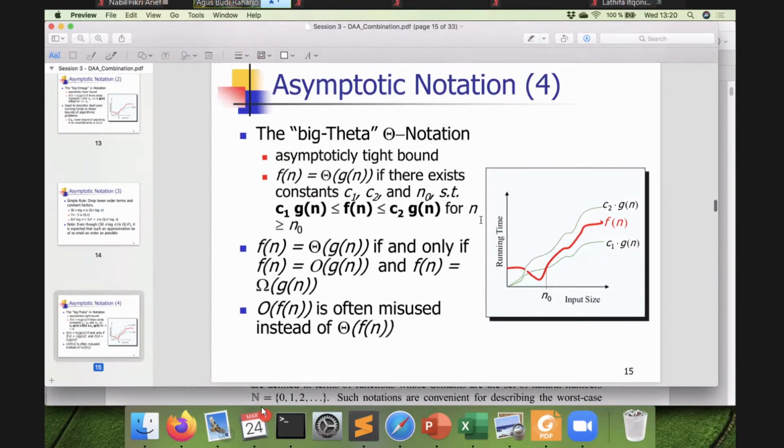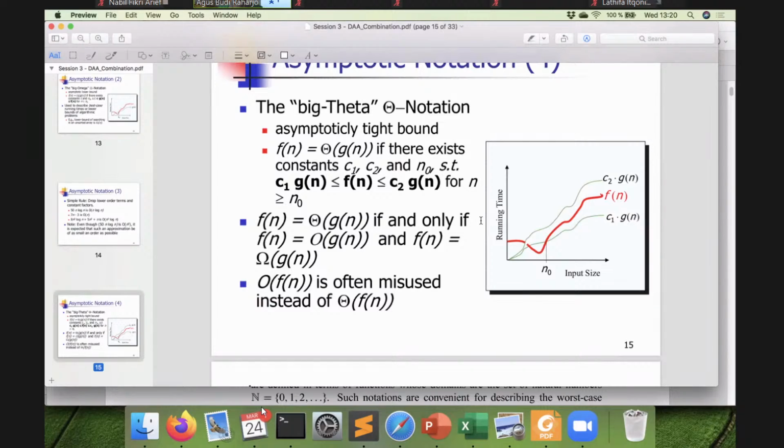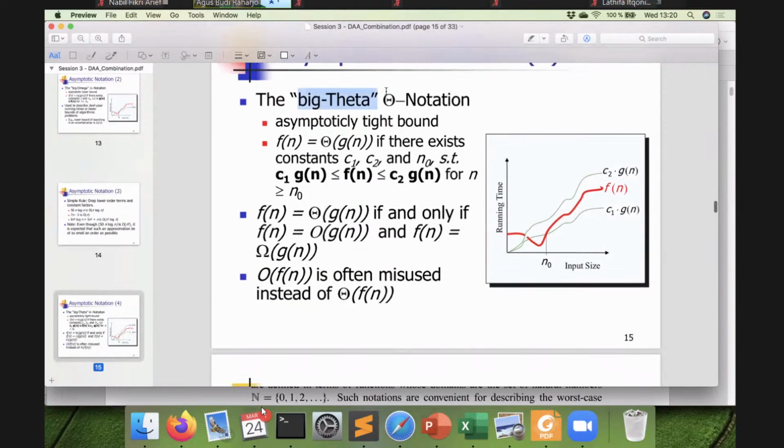Continue with this one. If we plot or draw the functions f(n), g(n), and constant 1, constant 2, we can see over here this one is the lower bound and this one is the upper bound. And the big theta and big omega are normally the asymptotically tight bound. What does it mean? It means that whenever we expand the input size, it will follow the pattern of the f(n) function.